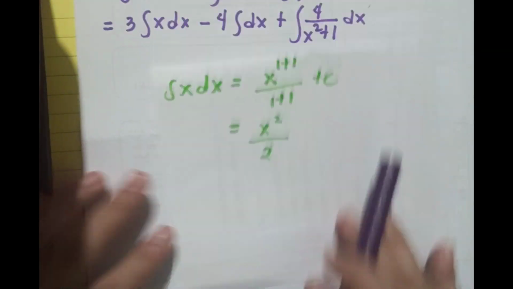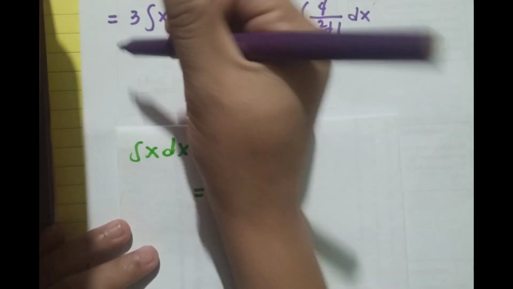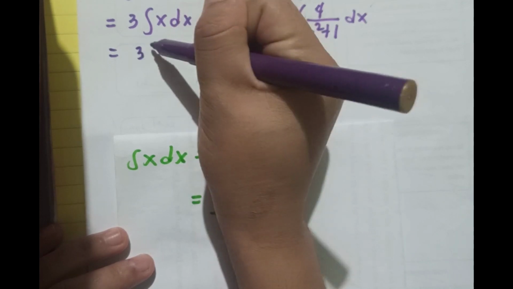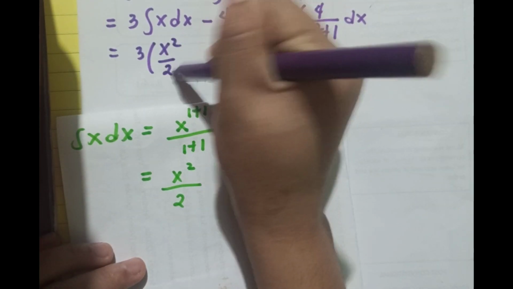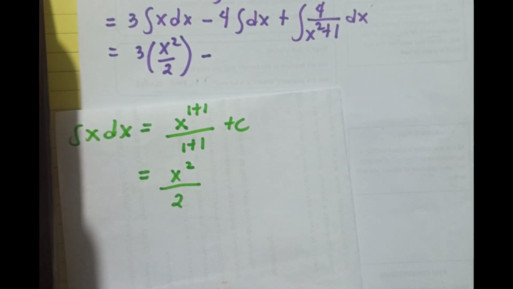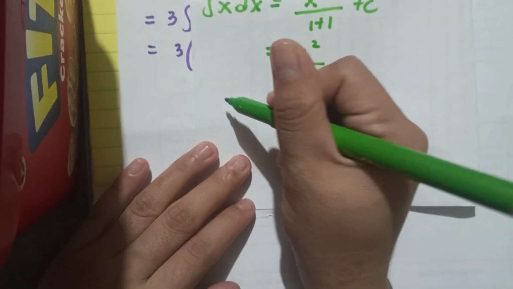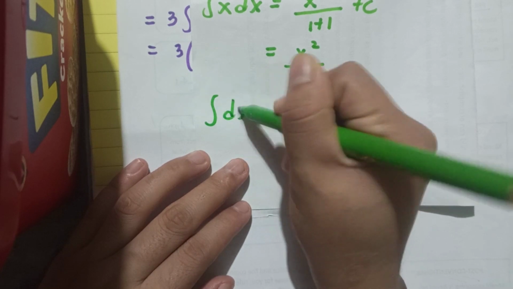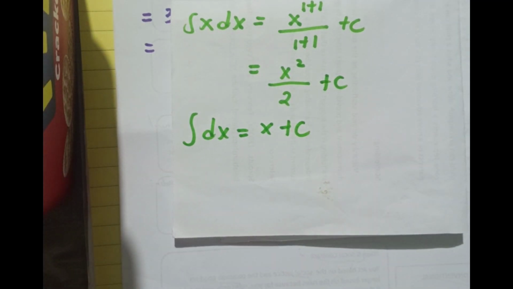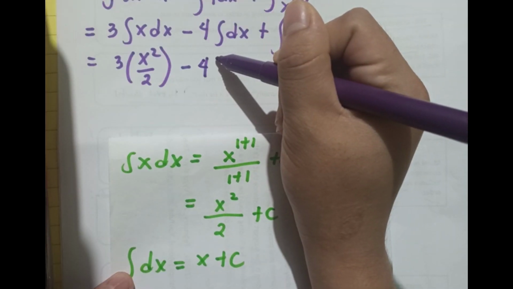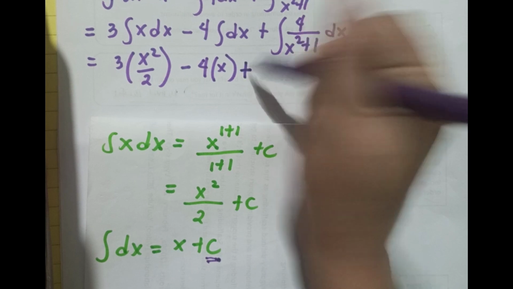Then I copy this to the solution: 3 times the integral of x dx, which is x squared over 2, minus 4 times the integral of dx. The integral of dx is just equal to x plus c. The plus c will be put at the very end.